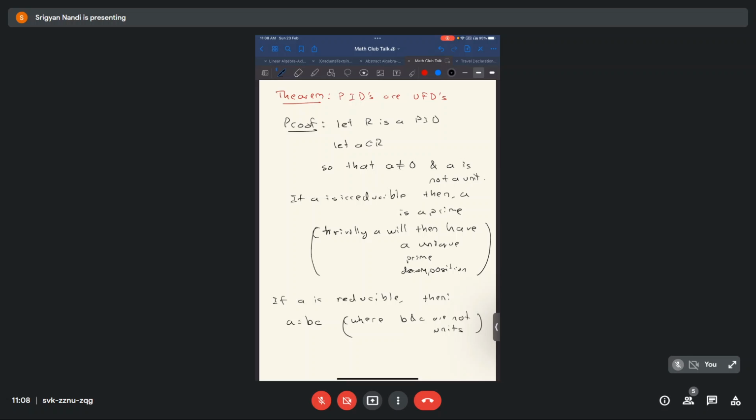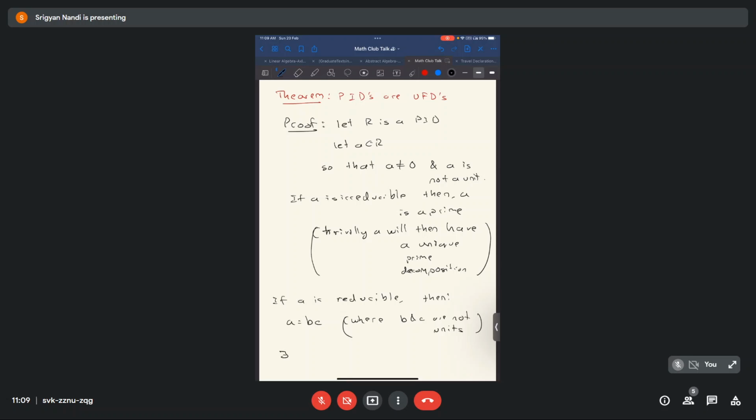So we have this, then we can continue this. If at every stage each of these individual non-unit factors is also reducible, then we can continue this infinitely, getting a kind of tree.